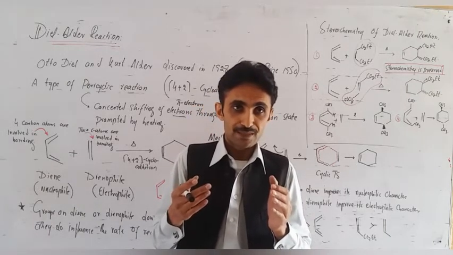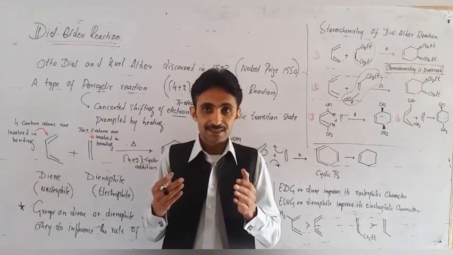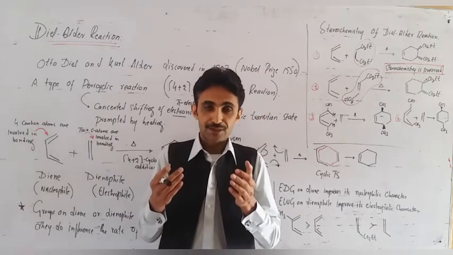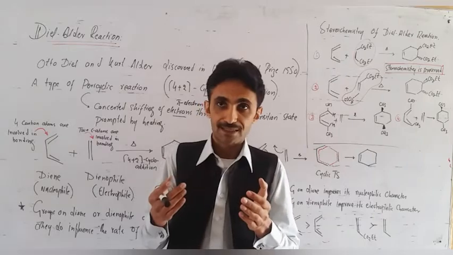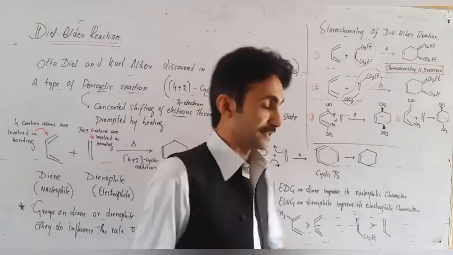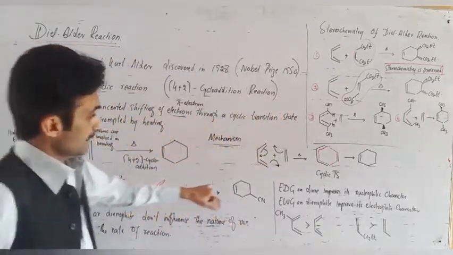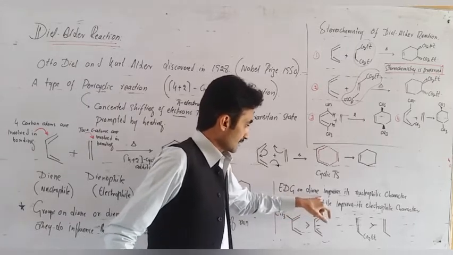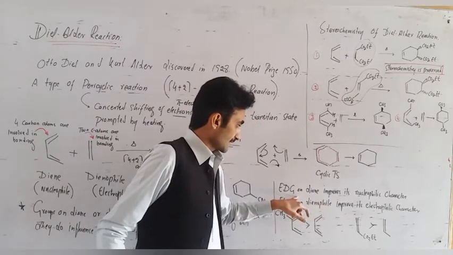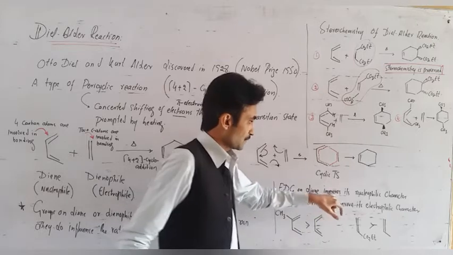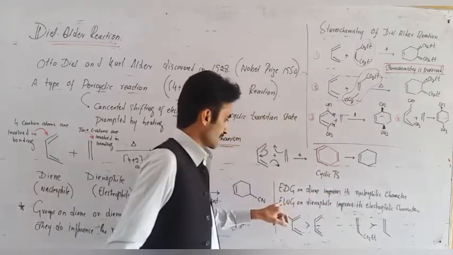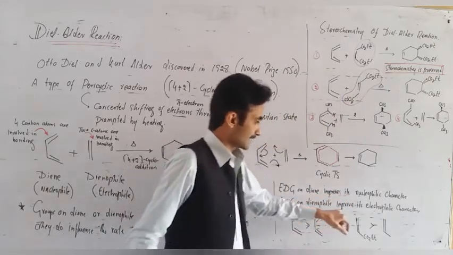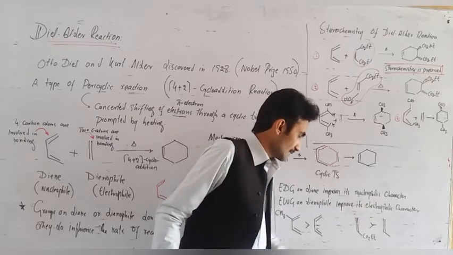So a group which is electron withdrawing in character will definitely increase its electron deficient character, and thus improve its reactivity. If there is an electron withdrawing group on the diene, it will reduce its nucleophilic character. Similarly, if there is an electron withdrawing group on the dienophile, it will improve its electrophilic character.